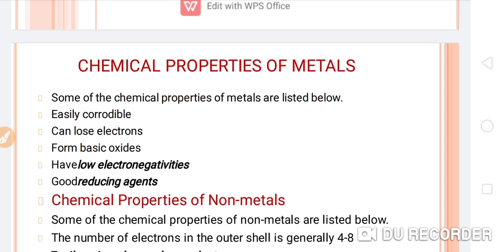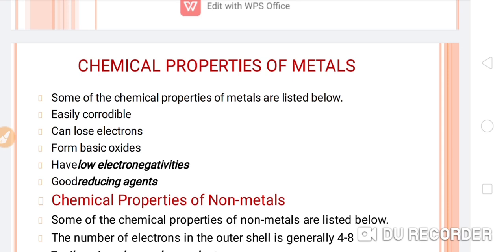Now, third point, form basic oxides. And students, why are we saying the metallic oxides are basic oxides? Actually, these are basic oxides because when you dissolve a basic oxide in water, it converts into its respective base. That is the reason we are saying these are basic oxides. Also, metallic oxides have a basic nature, because when they interact with an acid, they convert into the respective salt and water is formed.